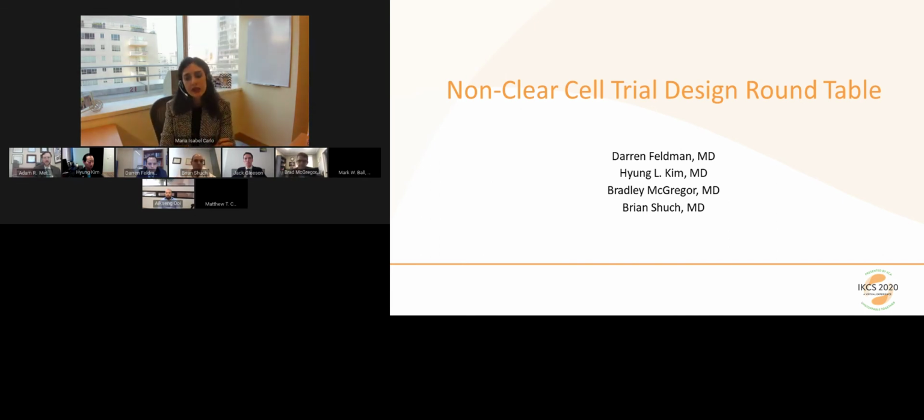There have recently been a few great small trials with histology specific or molecularly specific designs, such as PAPMET, which is for papillary only, or SAVOIR, which was for MET-driven tumors. But the question is still, we have these large phase 3 trials and the infrastructure that comes with them. Should we be making efforts to include non-clear cell patients in those trials, for example, like PROSPER is doing or ASSURE did?